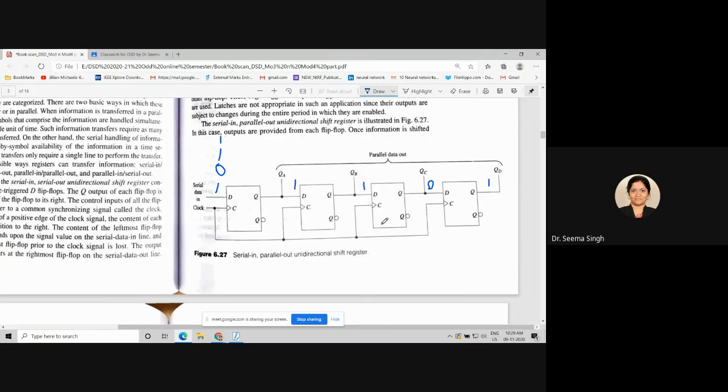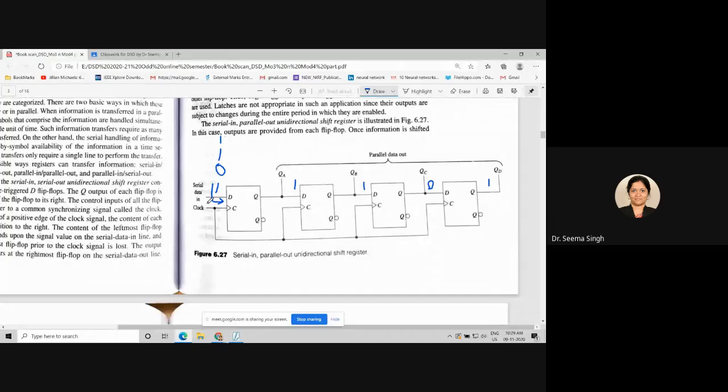So after 4 clock cycles, the 1011 data which is entering serially will be available like this, and at the fourth clock cycle itself, all 4 outputs, QA, QB, QC, QD, will be available to me.